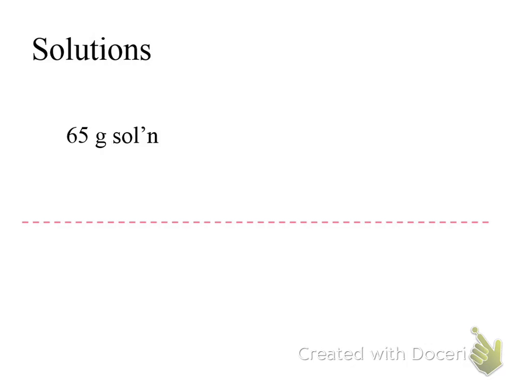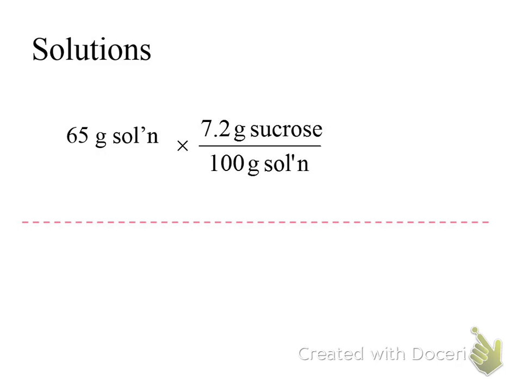And you're done. You know you're done because your units have canceled and you're left with the units that you want. So, how many sig figs do we need to round this to? Yep, very good. 4.7 grams of sucrose.